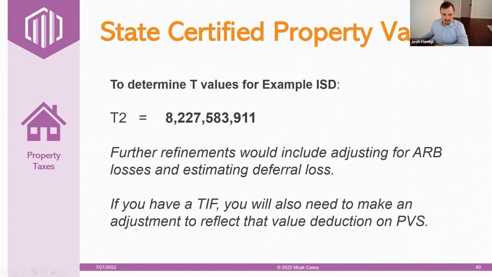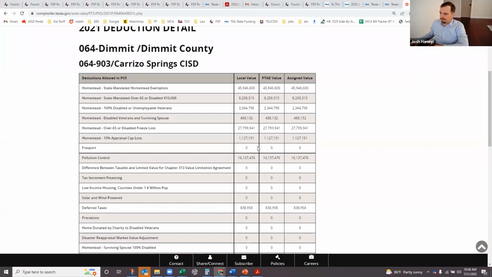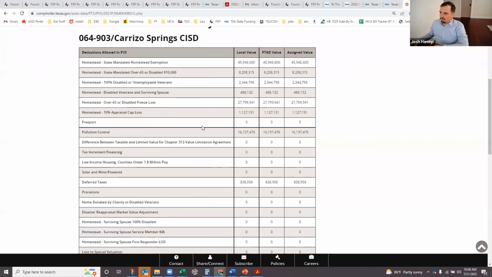Going back to this example, here are our frozen values that we just went through. If you scroll down a little bit, all of these other variables are on the CAD report already, right? The state mandated homestead exemption, the state mandated over 65 or disabled, all these other things are on there, except for this freeze loss, which is why we had to do that calculation.